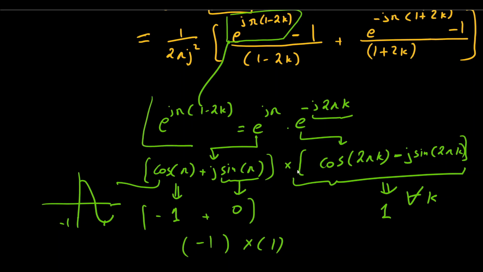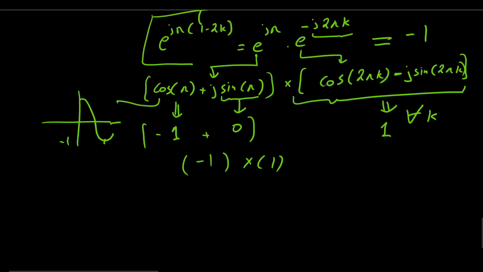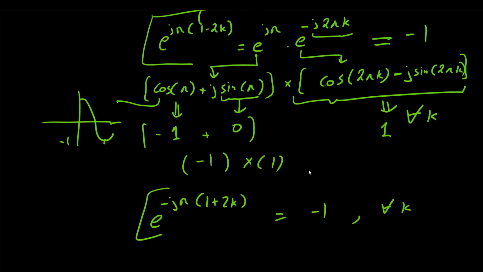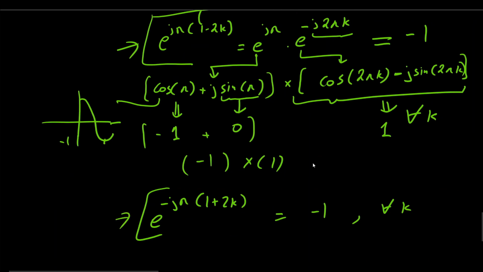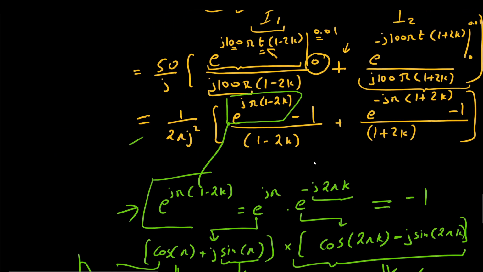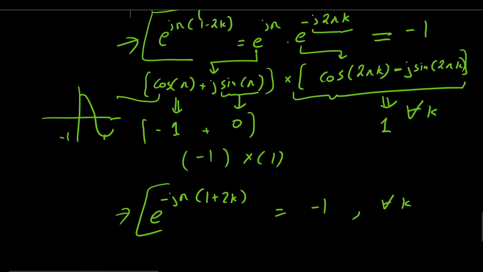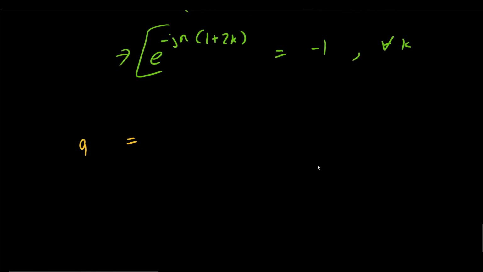So in short, this function is simply minus 1. Also, e to the power minus j pi (1 plus 2k) is also equal to minus 1 for all values of k.